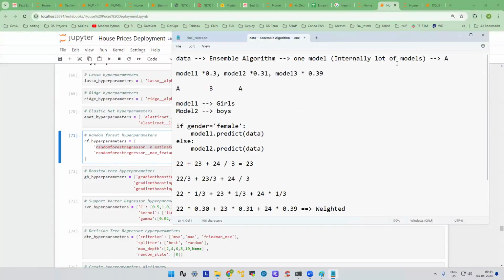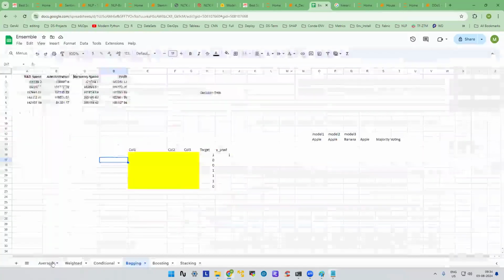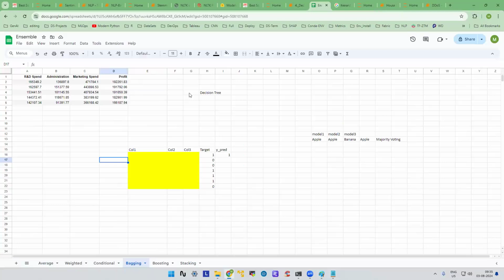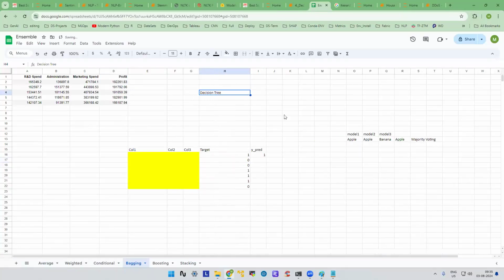Got it? So it's not something new; we already saw that in average. Same concept in bagging. But decision tree is going to be used as the base algorithm to generate those models. That's the only thing.